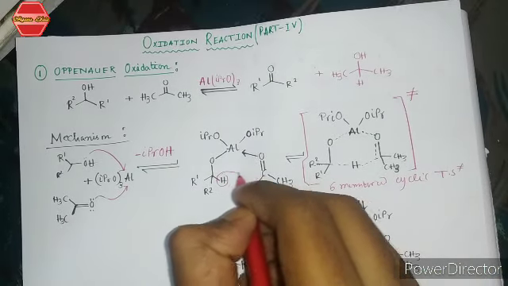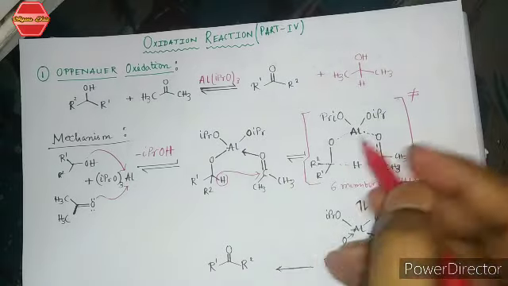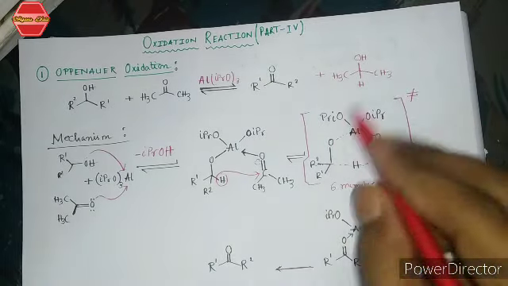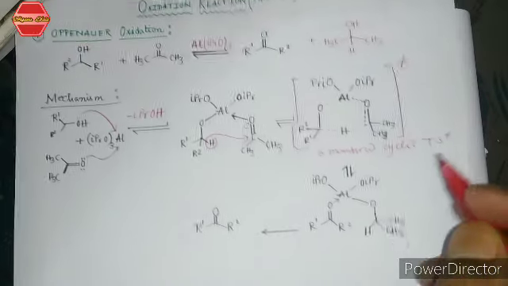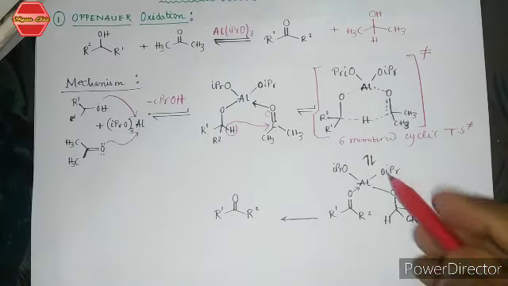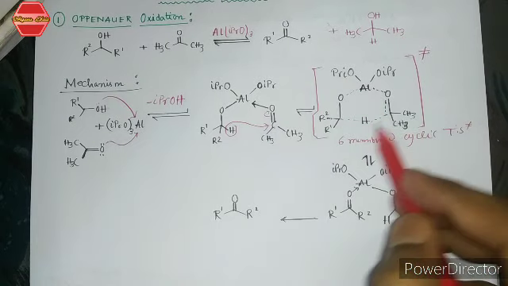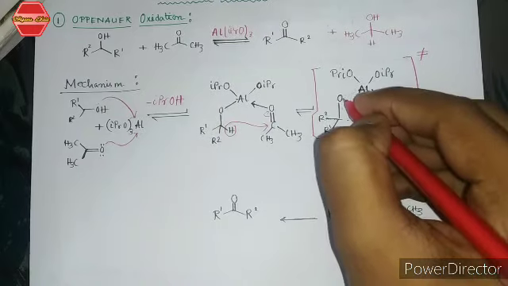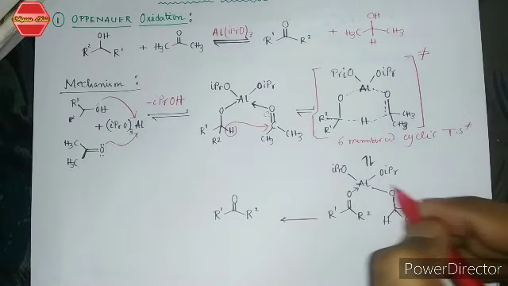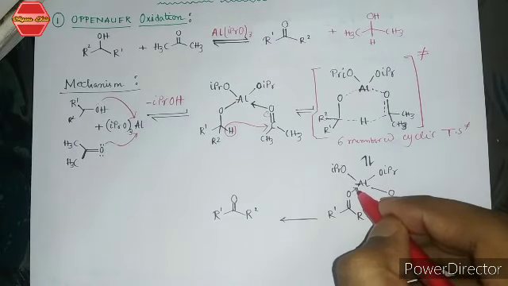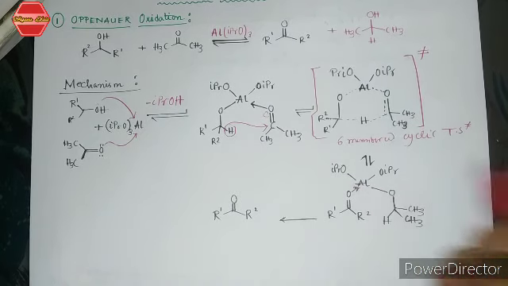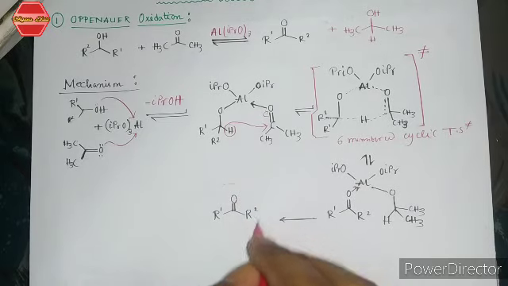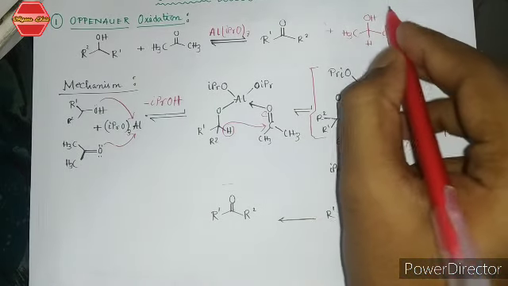Now the hydride is transferred over here, in this way. This is the overall process, and this is your intermediate. Now there is a formation of this bond, and a formation of the ketone, and this bond breaks, and the aluminium holds the oxygen with a bond. Then you get the final product, and this is your side product.